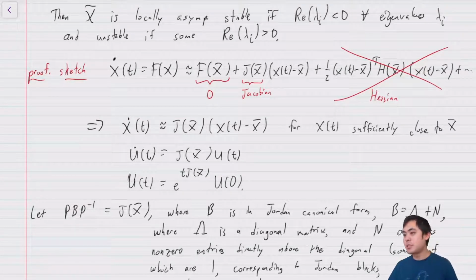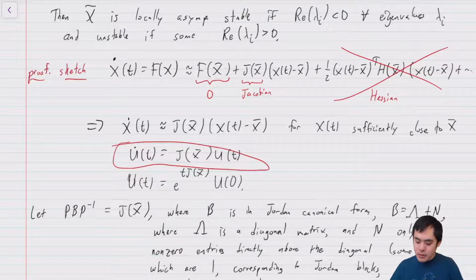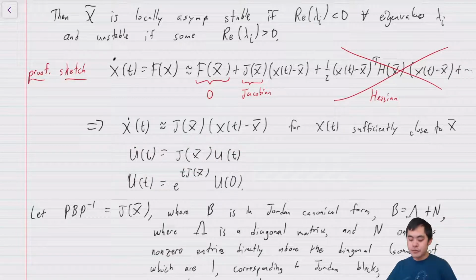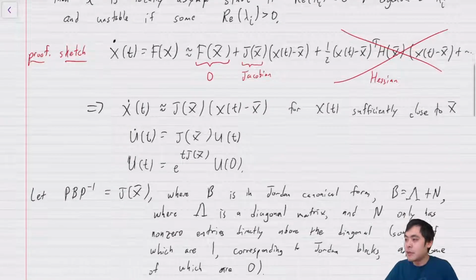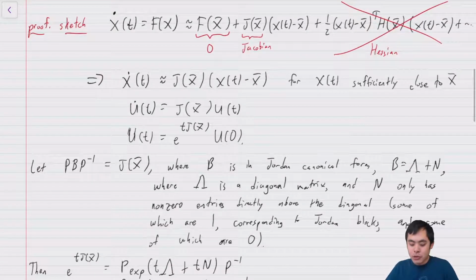And the first term is just equal to 0, and so that means that after our change of variables, we just have a linear system with the Jacobian matrix as the matrix defining the coefficients.